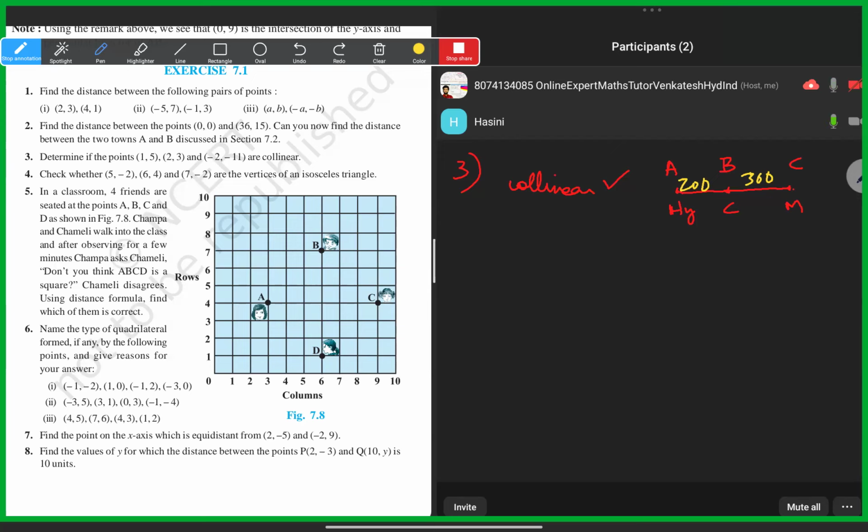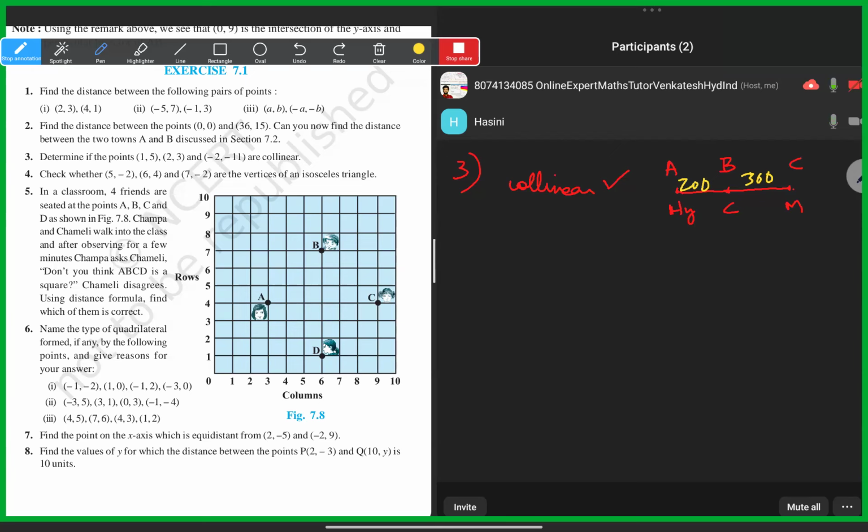I was telling 400, sir. You can tell quickly. Because it's collinear? Sir, I was telling if it's collinear.